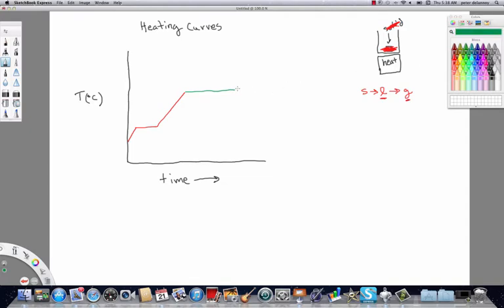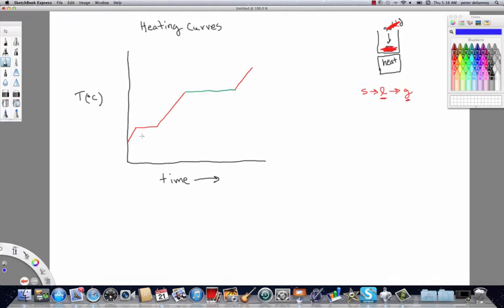And then you would see that temperature rise yet again. And we end up with a curve that looks like this. In the curve you can see that there are 3 regions where the temperature is changing, and there are 2 regions where the temperature is not changing. So let's go through and label the parts.